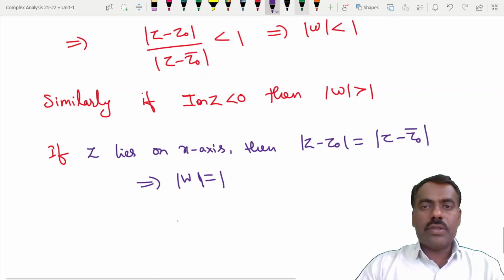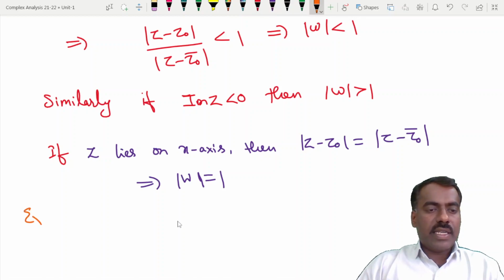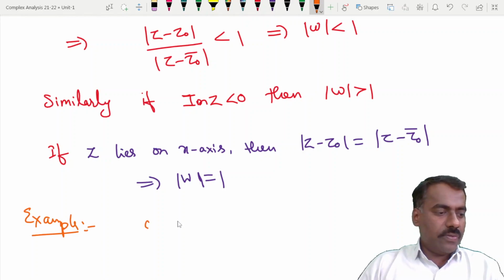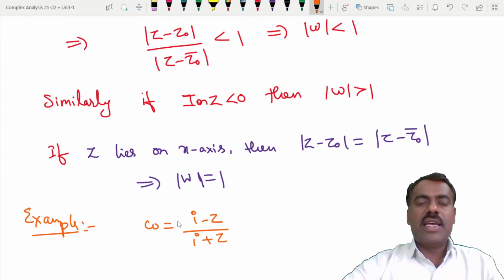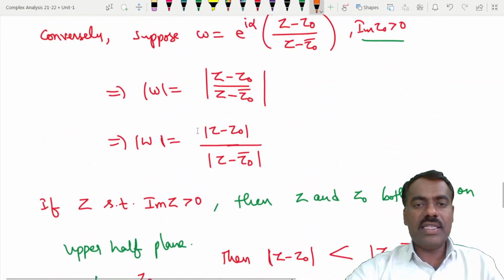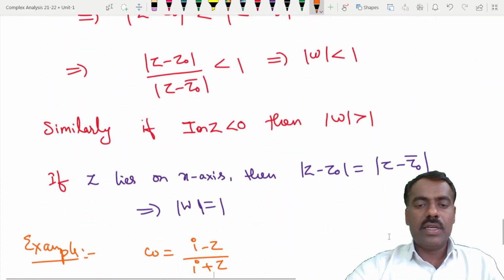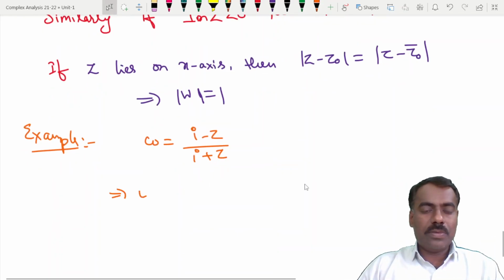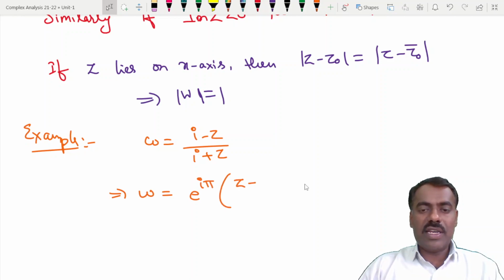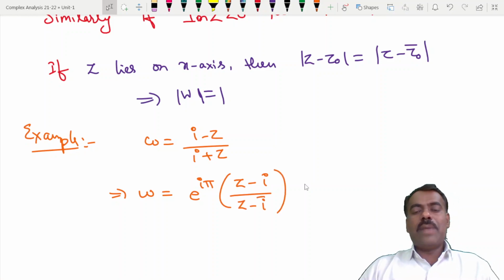Just to understand an example, take how we can write it in this form. Suppose we take w equal to (i − z)/(i + z). How can we write that in this form, with some e^{iα}, because that scalar is not there? You can take the help of e^{iπ}, which we know is −1. So you can write this as z − i, because the minus we have taken common, and the denominator as z − ī, because ī is −i.